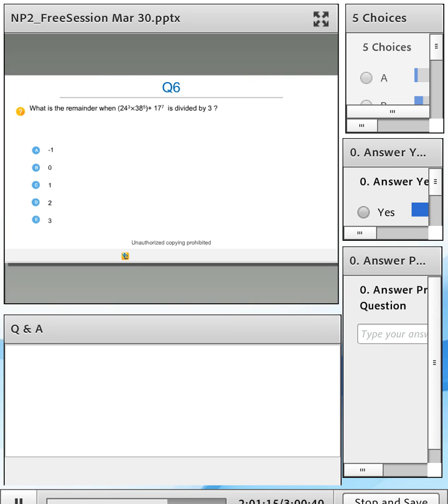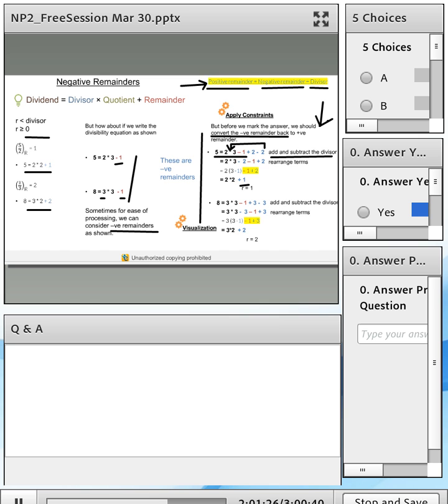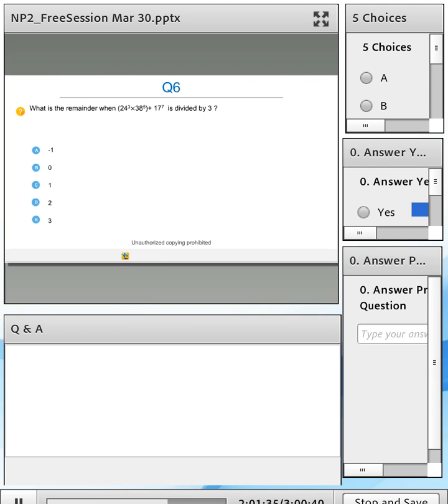So let's go ahead and apply this on question number 6 now. And let me clear out the polls here. Go ahead, can you please click on still solving? All right, here you go.